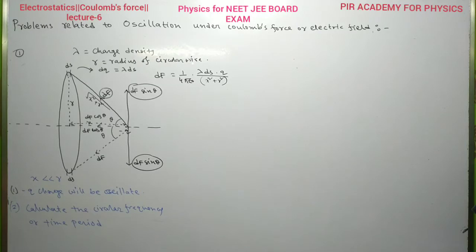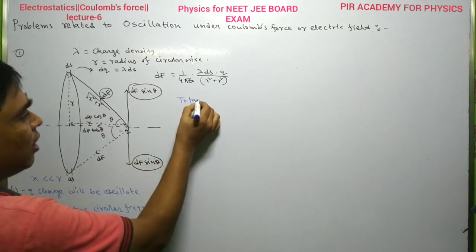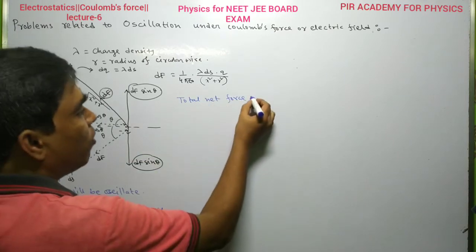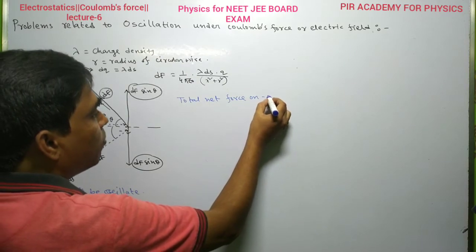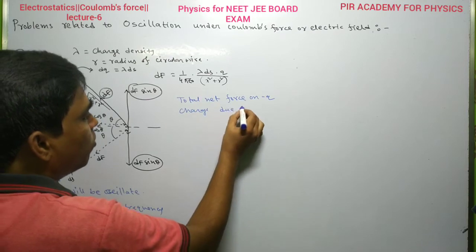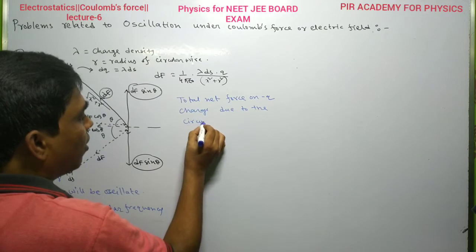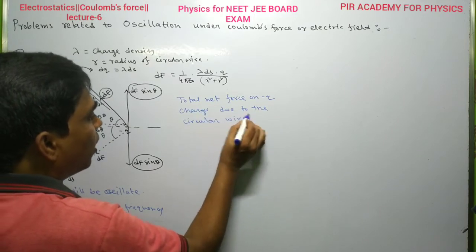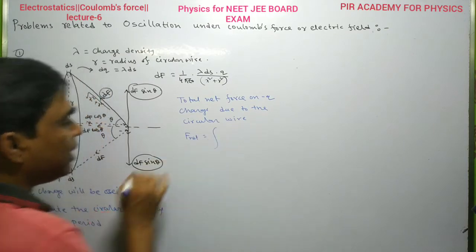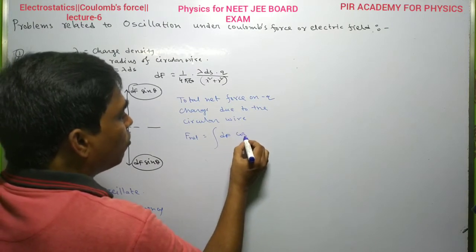Now the total net force on charge minus q due to the circular wire will be F net equals integration of df cos theta.